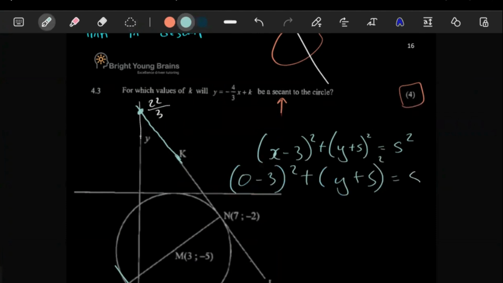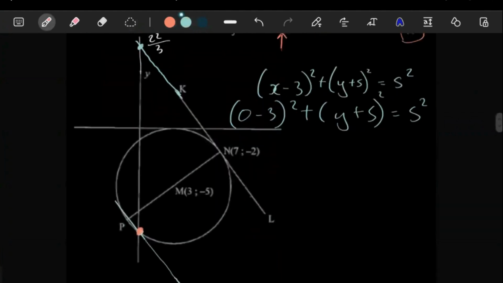Negative 3 squared is 9. y times y is y squared, and then you're going to get plus 10y plus 25 equal to 25.